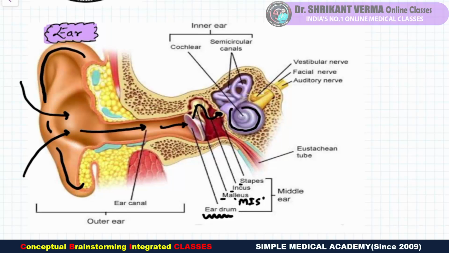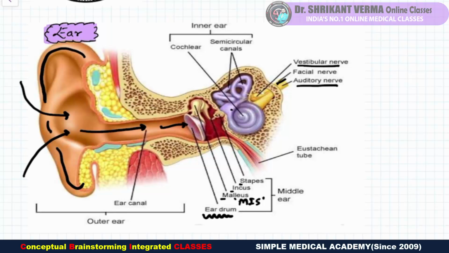You can see the snail-like structure, yes, cochlea, which is having the vestibular apparatus also. So, from the cochlear portion, the cochlear nerve is stimulated, which is carrying the auditory impulses to the brain cortex area. Remember, the vestibular nerve is carrying the vestibular apparatus sensation, which is responsible for the equilibrium.